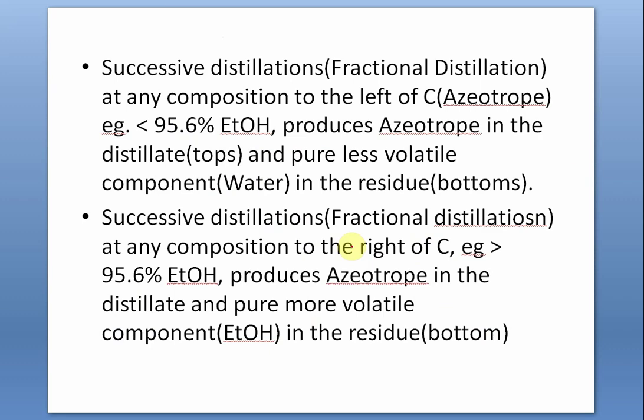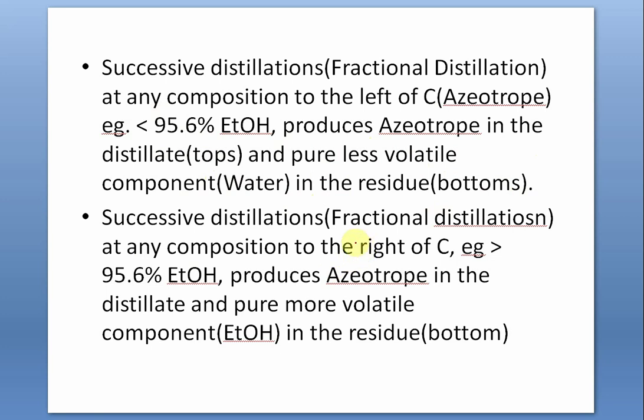Let us concentrate on, I have already told you this, so no point in wasting time. Successive distillation or fractional distillation to the left of C, that is azeotrope. So a liquid mixture having less than the azeotropic composition, 95.6 alcohol, produces azeotrope in the distillate, that is at the tops, and pure less volatile component, say water, in the residue, bottoms.